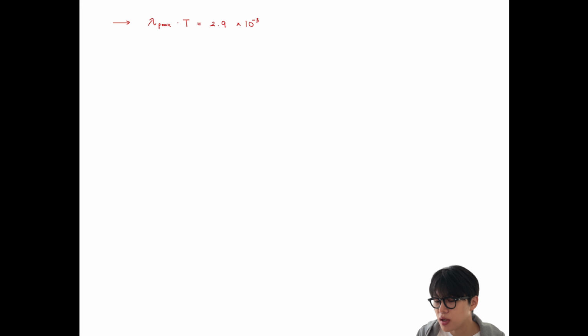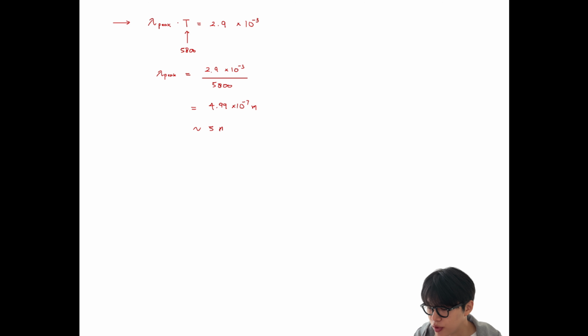The temperature of the sun is given as 5,800 Kelvin, so you just divide 2.9 times 10 to the negative 3 by that number, and that equals about 4.99 times 10 to the negative 7 meters. So you can say that is about 500 nanometers.